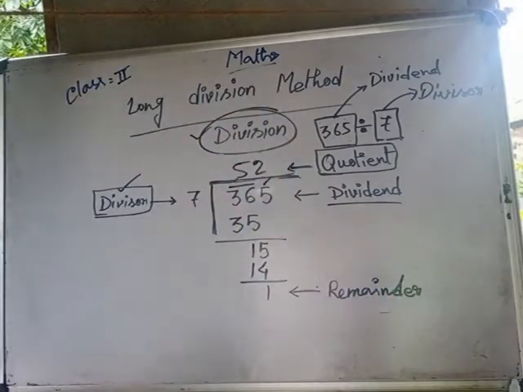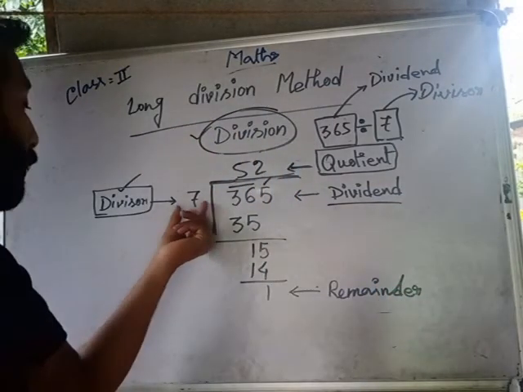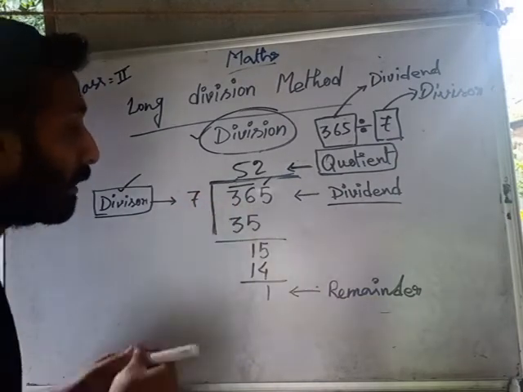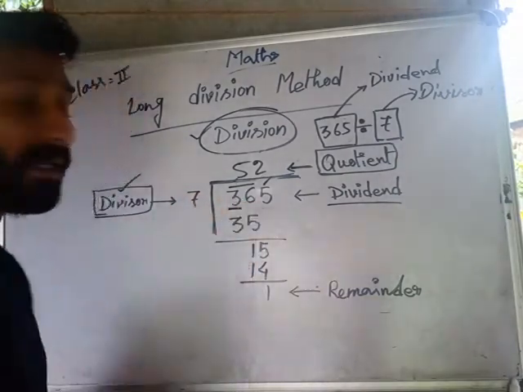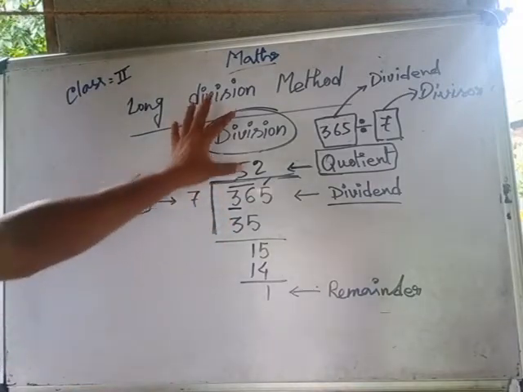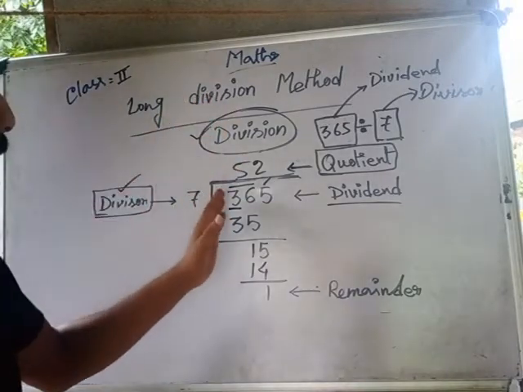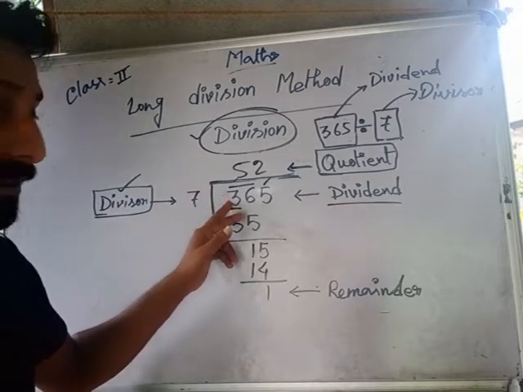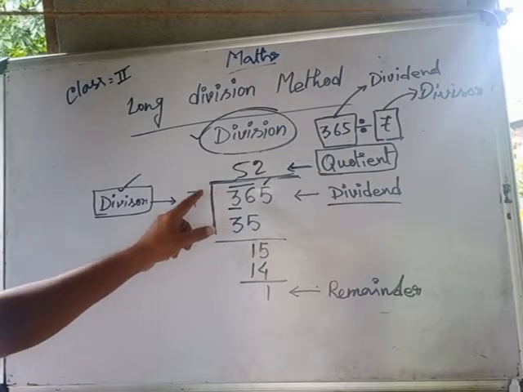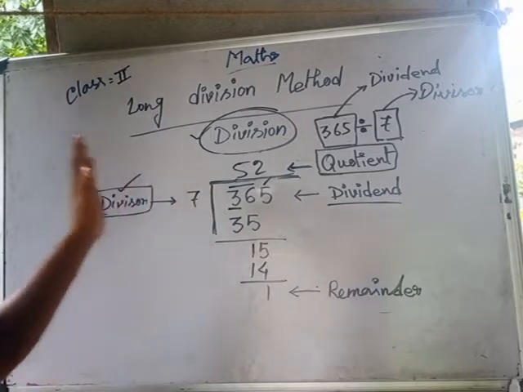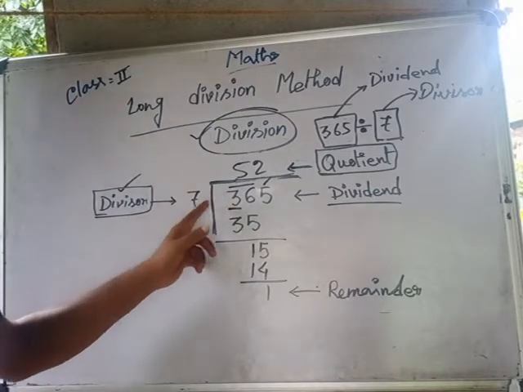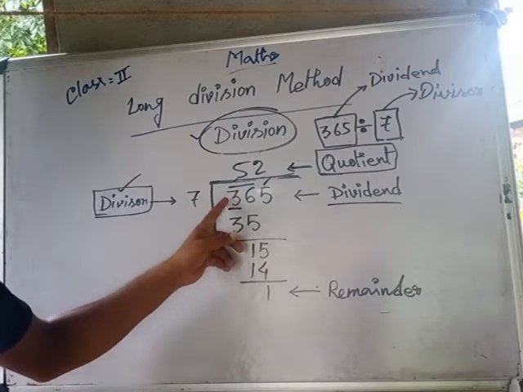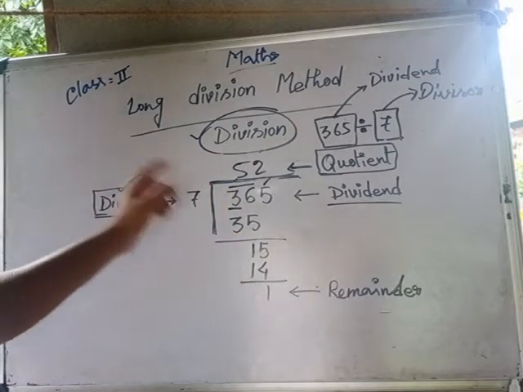Do you understand? I will tell you again. If we divide by a one digit number, at first I will take one digit, and you will start division from your extreme left. I will take at first 3, one digit, from our extreme left.